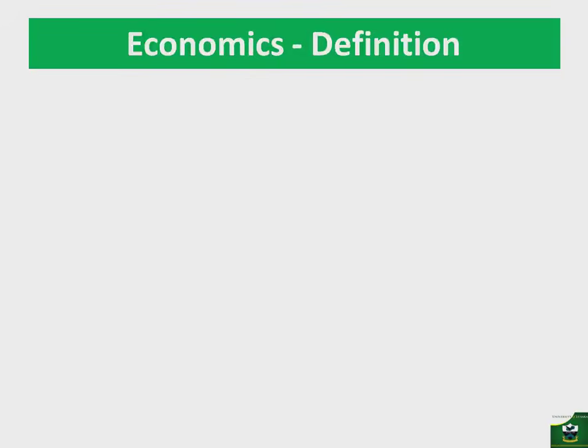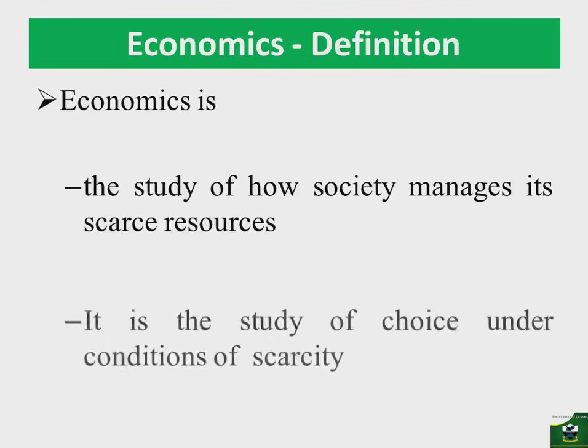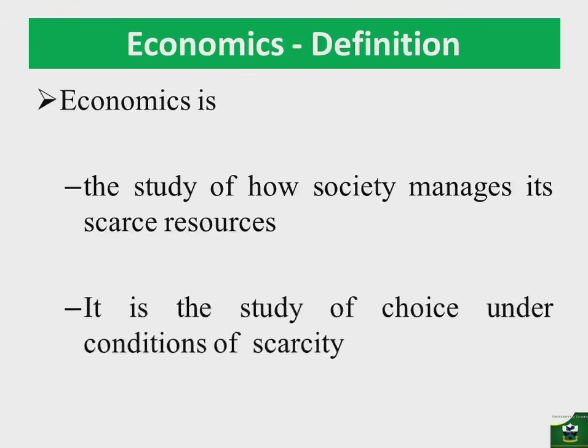Alright, let's get started with the definition of economics. Economics is the study of how society manages its scarce resources. In other words, it is the study of choice under conditions of scarcity. As we make our decisions and choices, we always take into consideration the fact that we cannot have everything that we want, because resources are scarce.